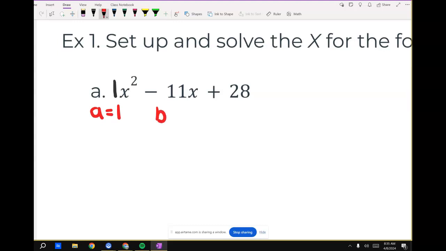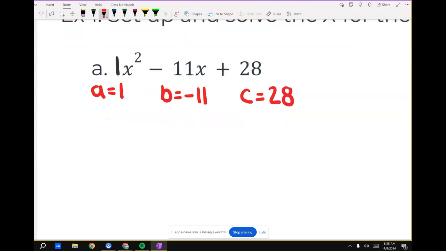Our b term is negative 11. And our c term is 28, because this is like ax squared minus bx plus c, using that same standard form. And then we draw a little x.